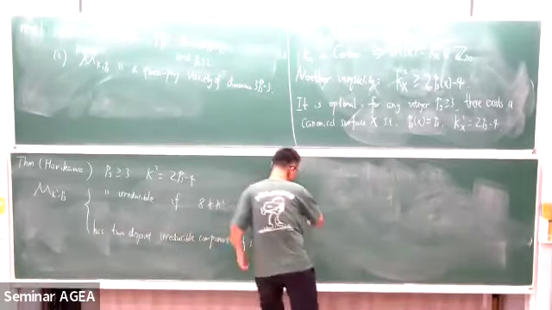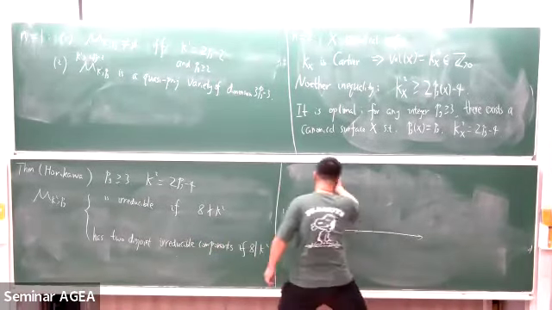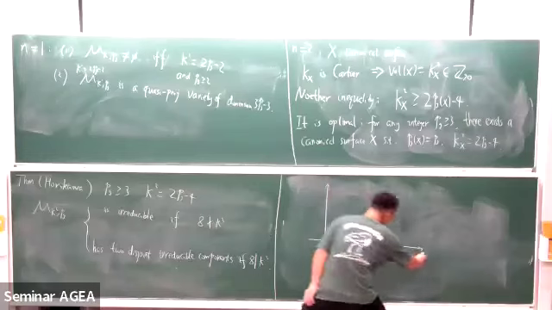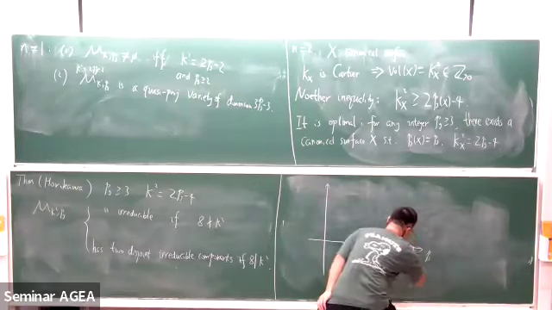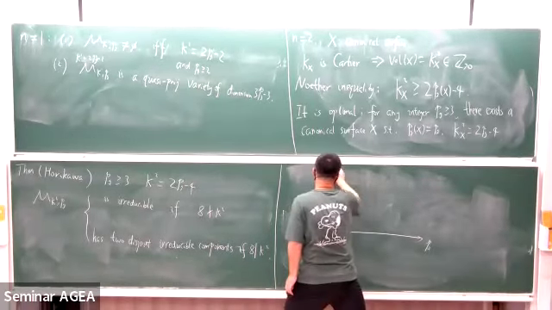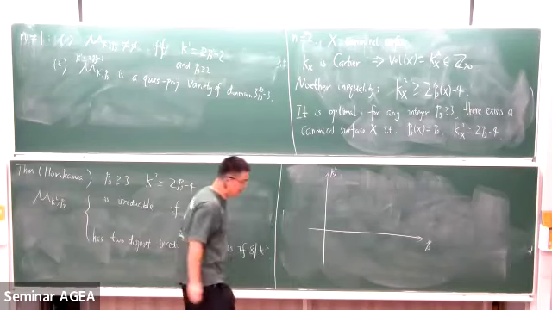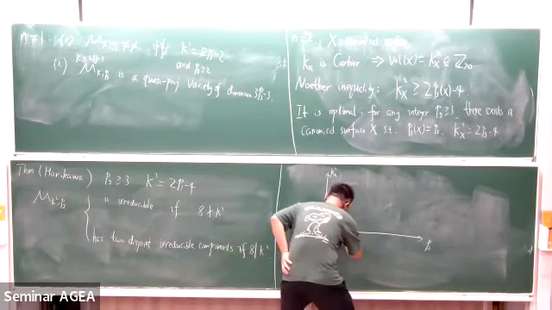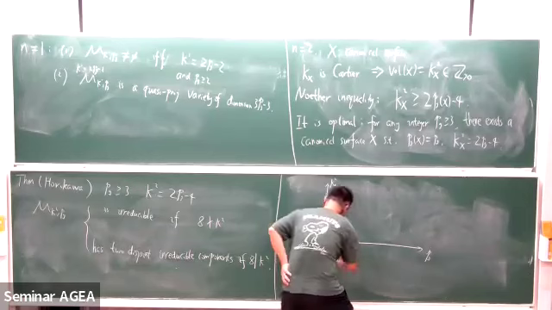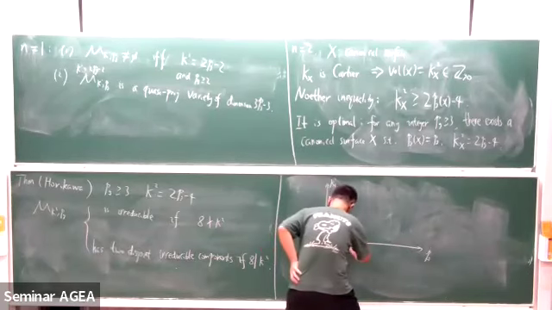So let me draw a picture. This is the geometric genus, and this is the canonical volume of the surface. This is 1, 2, 3.